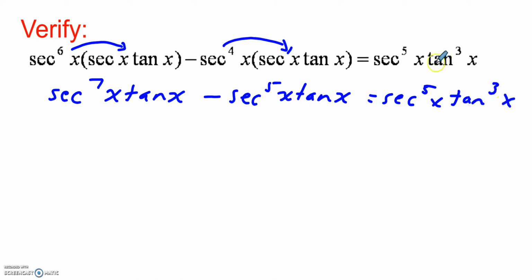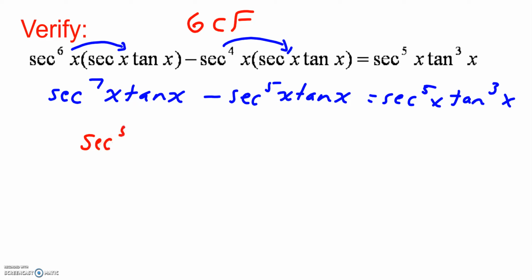We want to make sure that this side eventually equals this. So I'm going to carry this all the way down. If I look back at this side, again, I am not touching this side at all. I'm just manipulating this side. Here's where factoring can help us, specifically a greatest common factor. When I look at this term and this term, I notice that I can take out 5 secants and I can take out a single tangent from both terms.